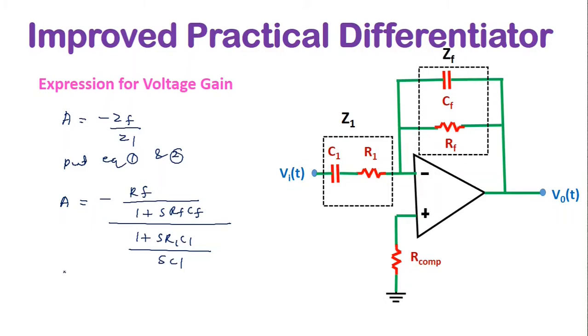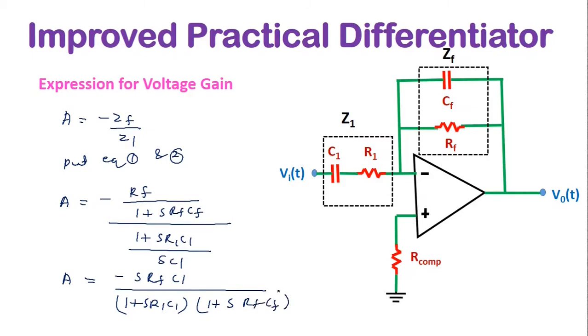When we solve this equation, the gain A will be equal to minus of S into RF C1 whole divided by 1 plus S into R1 C1 into 1 plus S into RF into CF. So this is the overall gain of the improved practical differentiator. Let this be equation number 3.